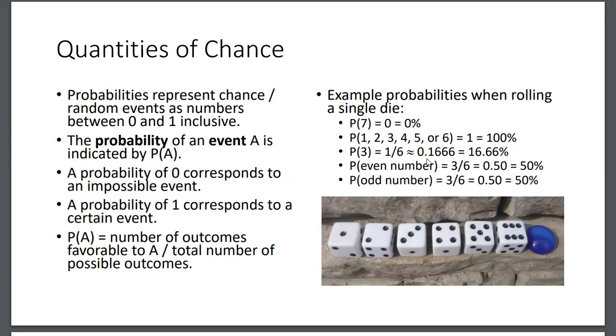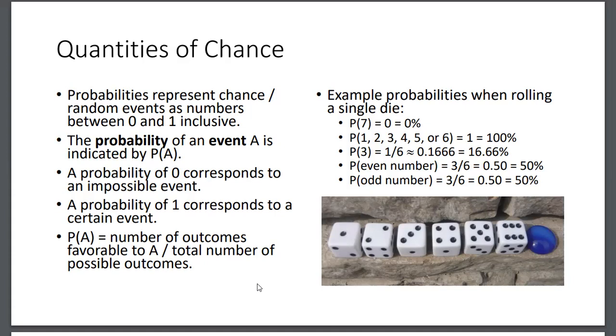That's approximately equal to 0.1666, 16.66%. The probability of an even number is 3 over 6, 50%. Same as the probability of rolling an odd number, 50%.